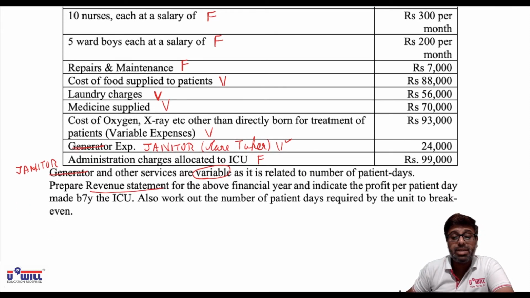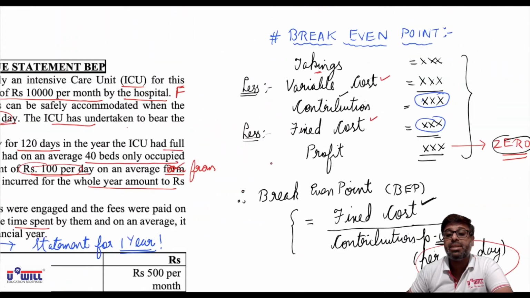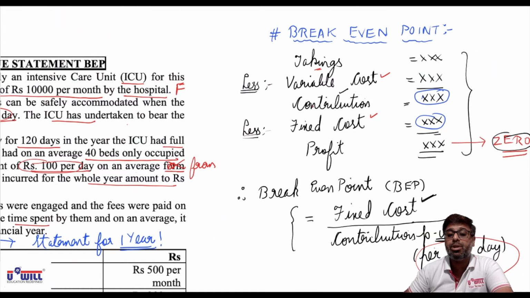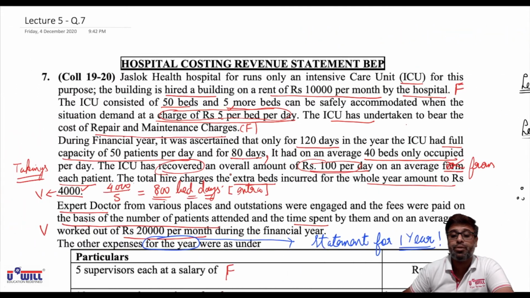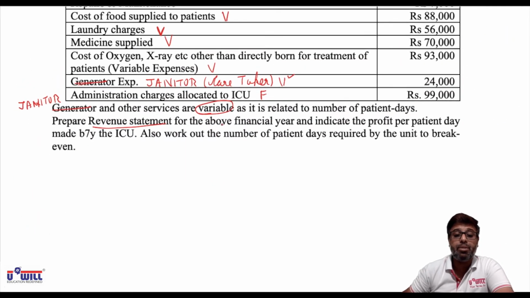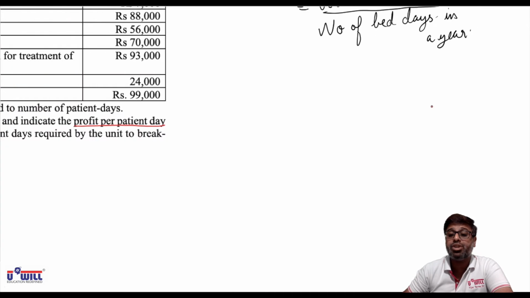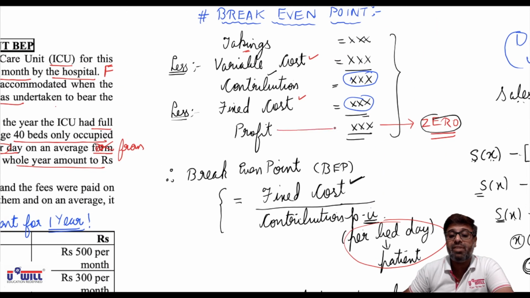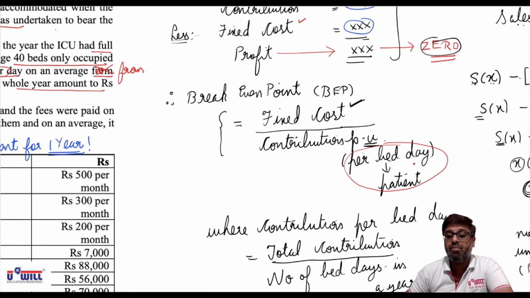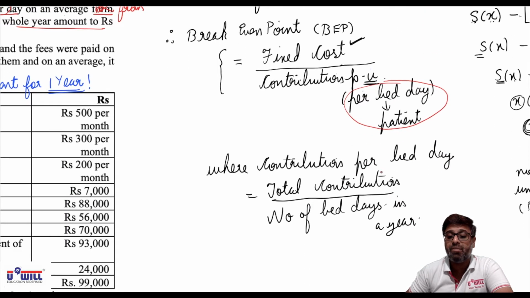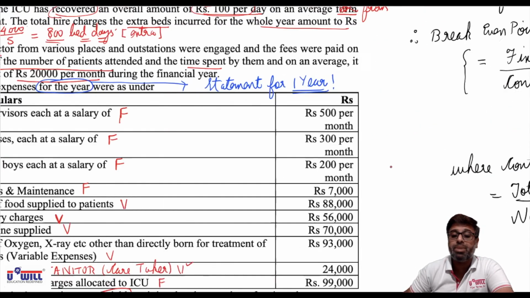Prepare a revenue statement. What revenue statement? Sales, takings minus variable cost, contribution minus fixed cost, profit. This revenue statement we have to prepare for the above financial year, and then we have to indicate profit per patient day. So whatever profit we get, dividing by number of bed days, like contribution divided by number of bed days, we get contribution per bed day.